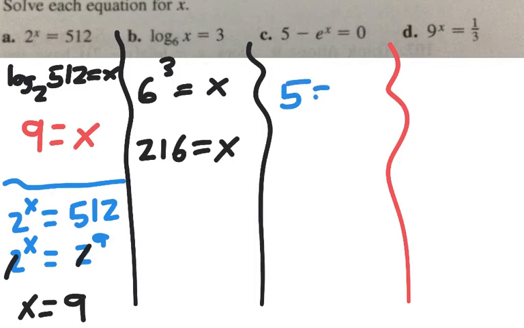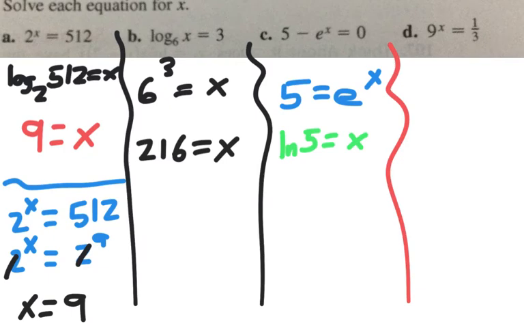That's what I would do. I would move negative e to the x to the other side and make it positive. And so now it becomes an exponential problem that I can rewrite as a logarithmic problem. Or you could take a natural log of both sides. Either one, those both work. So if I rewrite that as logarithmic, that's going to be the natural log of 5 is equal to x.